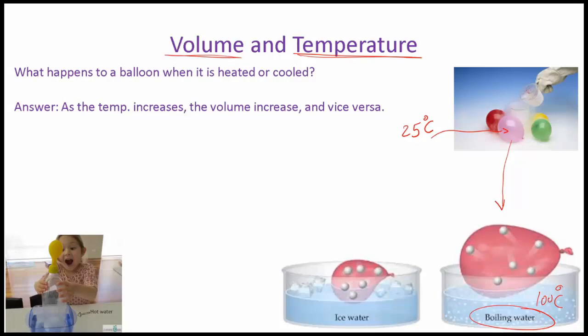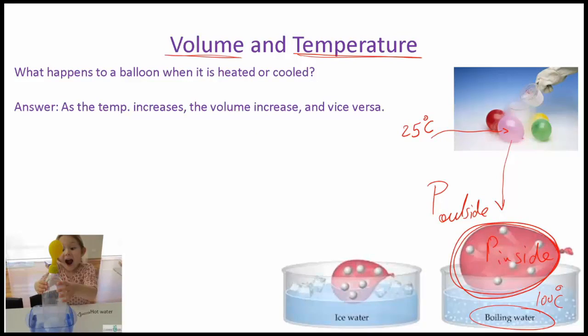Did you increase the pressure? No, because our pressure is the pressure around us. That's the atmospheric pressure. And by the way, in a balloon, the pressure inside equals the pressure outside, because it's a very thin, elastic membrane.